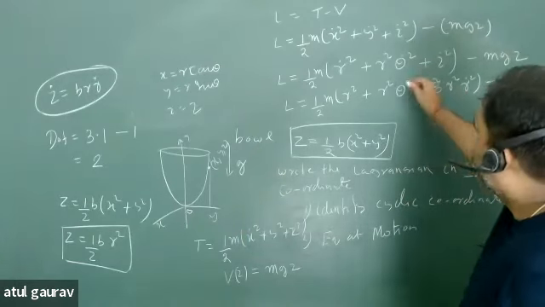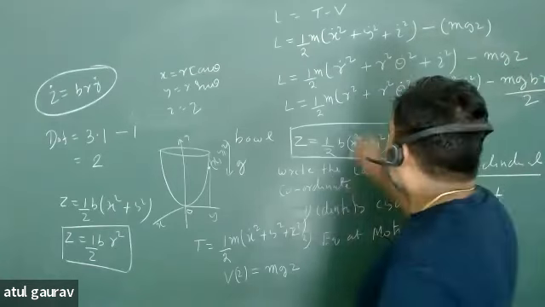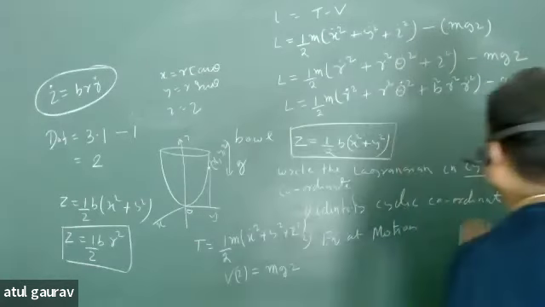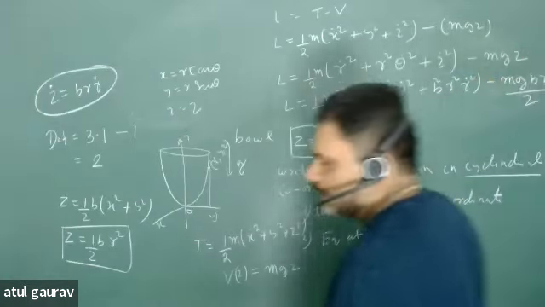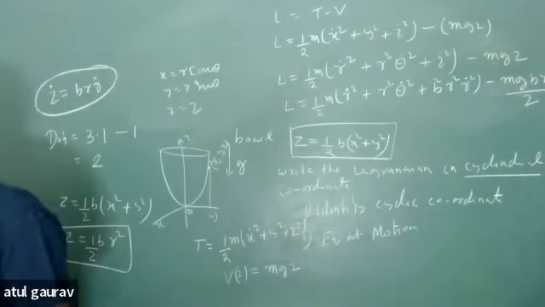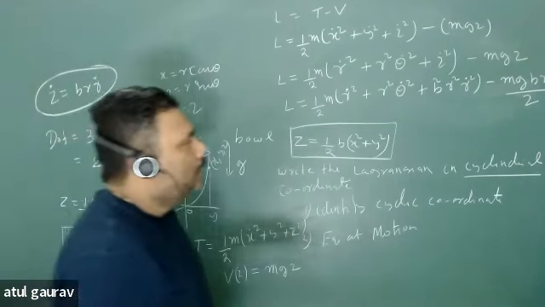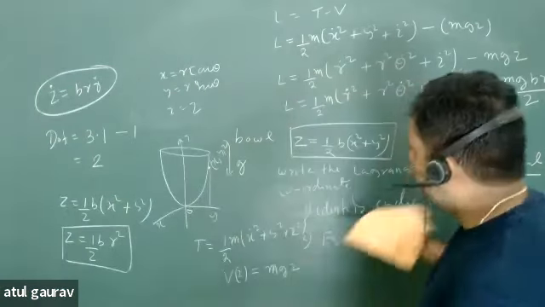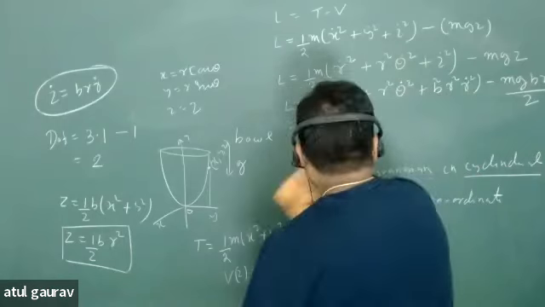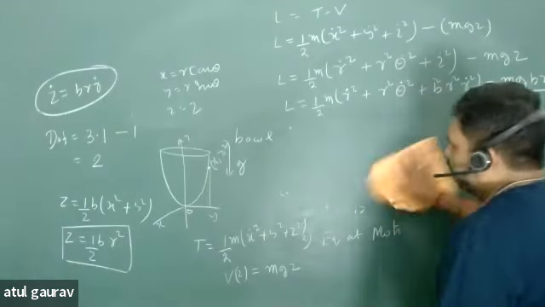Now you can see how many generalized coordinates you have. 2 generalized coordinates. What are these? Sir, r and theta. Very good. r and theta are my generalized coordinates.